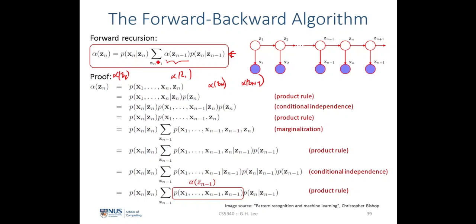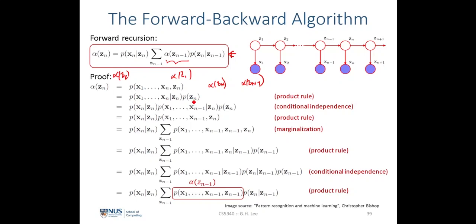And let's look at the proof that this particular forward recursion expression is true. We start off from the definition of alpha zn, which we have seen earlier to be the joint probability distribution of x1 all the way to xn and zn. By making use of the product rule, we can rewrite this as the conditional probability of x1 to xn conditional upon zn, multiplied by zn.